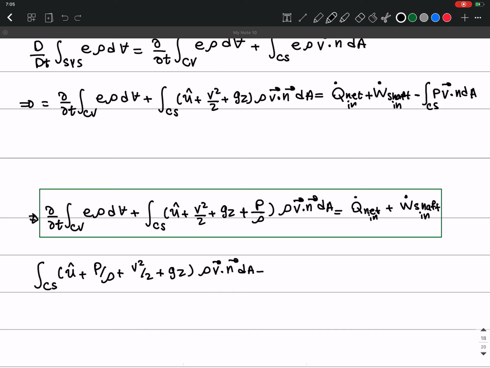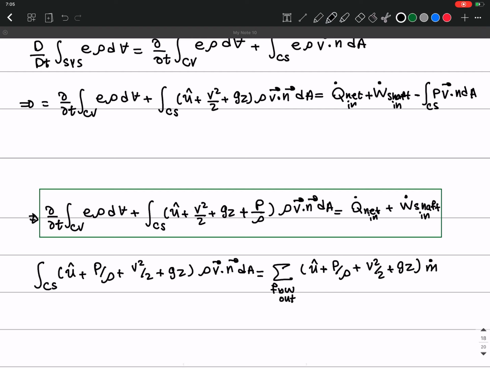So this is what we had from the momentum equation previously. So I can write this as follows. For all the flow out, this is going to be U plus P over rho plus V square over 2 plus GZ. And then instead of volume flow rate, I can write it as mass m dot. So that was another way of writing the momentum equation, if you remember.